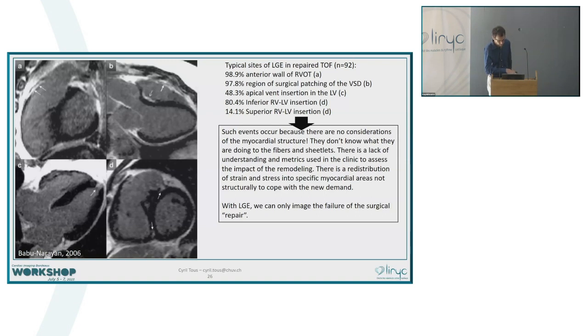So you end up with specific spots, like the LV insertion. And what we are testing is to account for the structure and to assess the impact of the remodeling, and as I said, the redistribution of stress and strain.